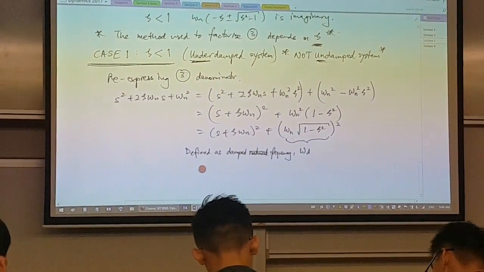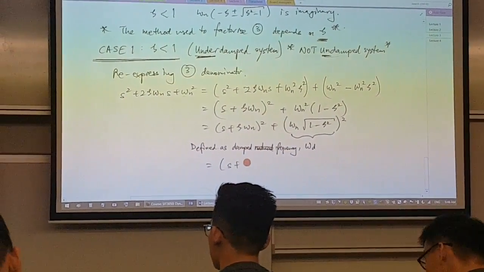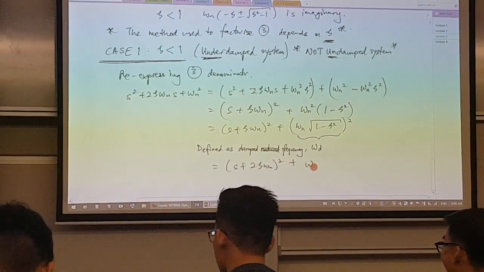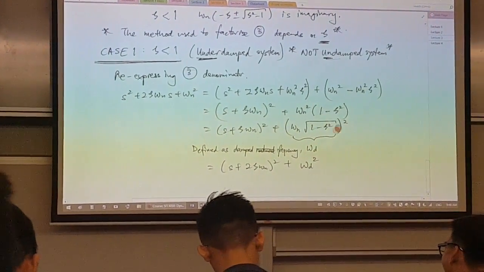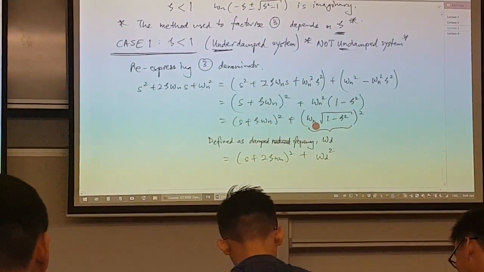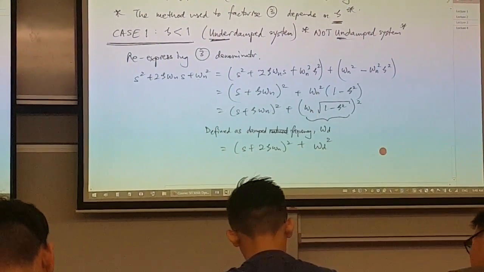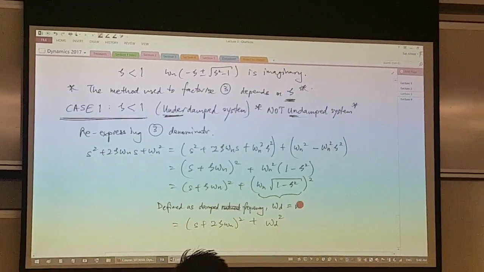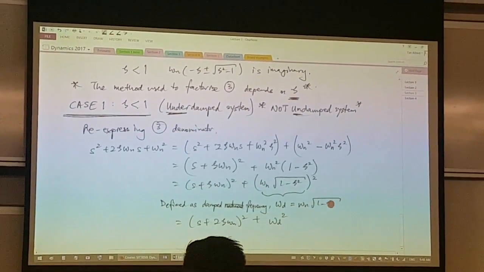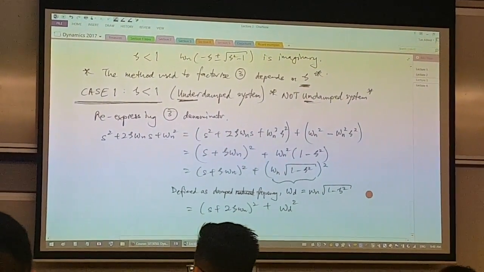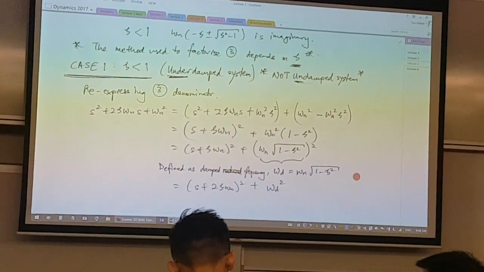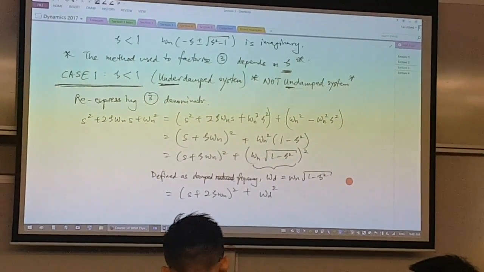So that can now be written as s plus zeta omega n, squared, plus omega d squared. Right? This way. So this term omega d is equal to omega n square root 1 minus zeta squared. If you're wondering, do I need to memorize that? Actually, you don't have to because I've inserted it into your data sheet.